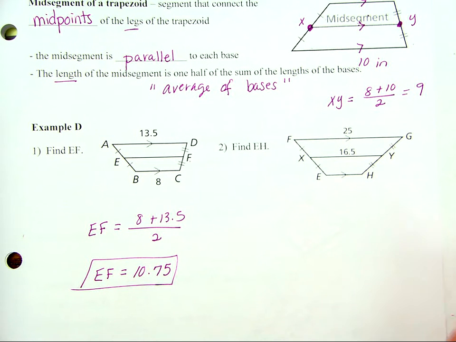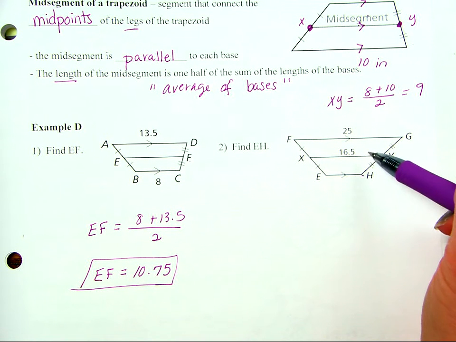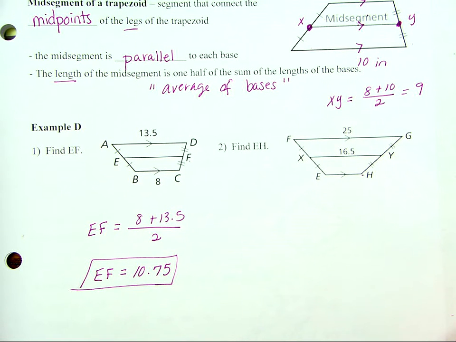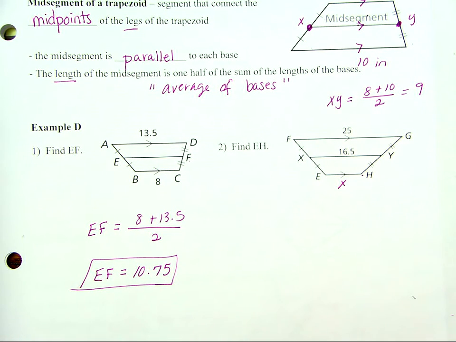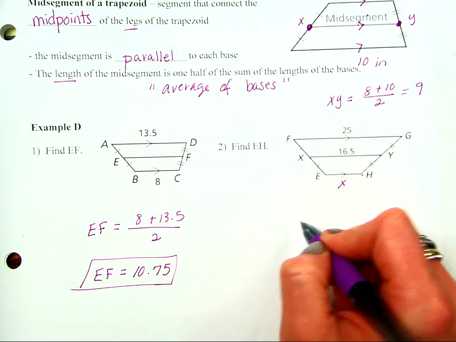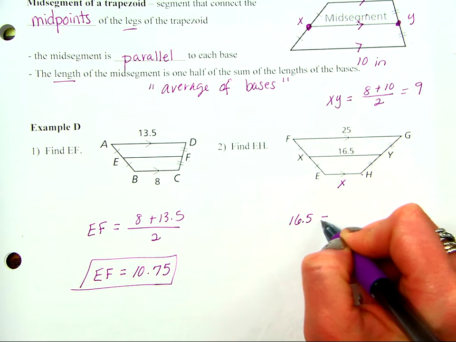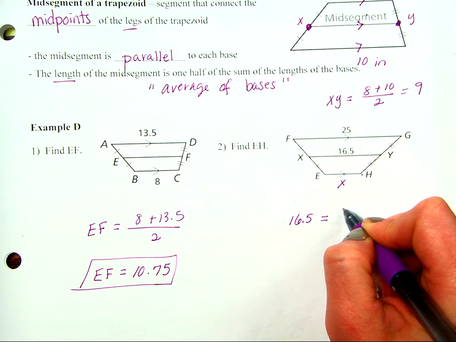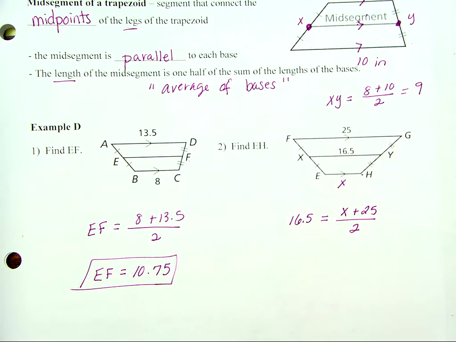Over here, though, in the second one, you'll notice that I'm solving for EH, and this is a base. My midsegment is 16.5, so I'm going to set this up just a little bit differently here. I'm going to call EH, I'm going to put a variable x there. So here, my 16.5 is my answer. That's what we got when we took our bases, x and 25, and we averaged them together.